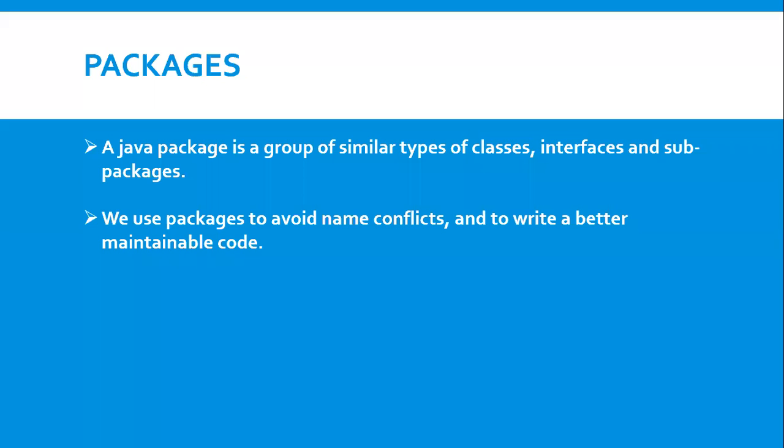So you will create display details in the employee package, and the display details in the students package. Then, as per the package importation, you can differentiate which display details you are going to use. So name conflicts can be avoided through packages.